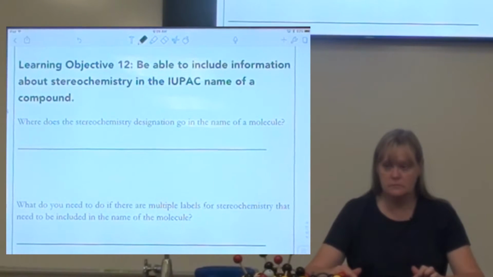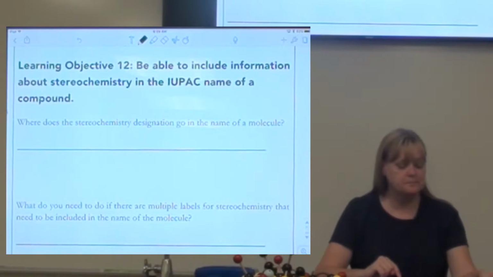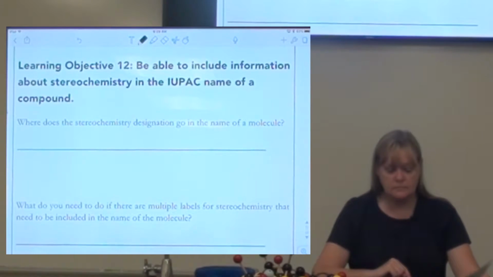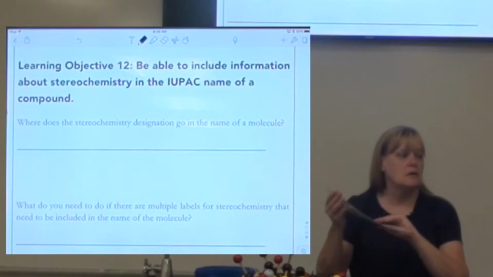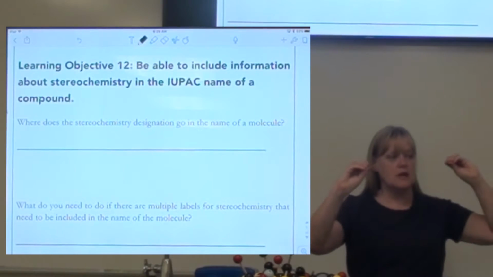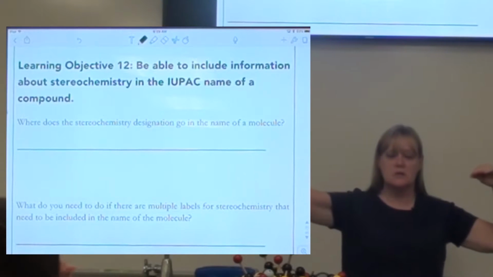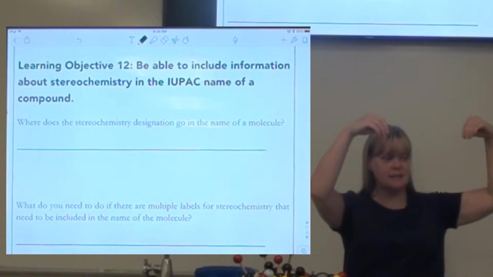For E and Z, you have two different carbons, and then you draw a line through the double bond. If the two hydrogens are on opposite sides of the line, it's E. If they're on the same side, it's Z.